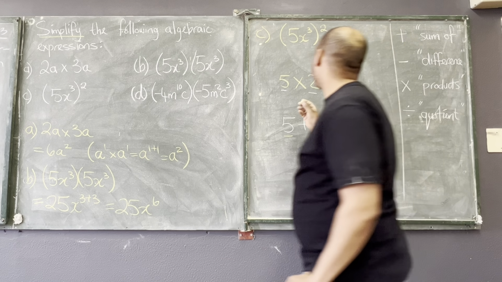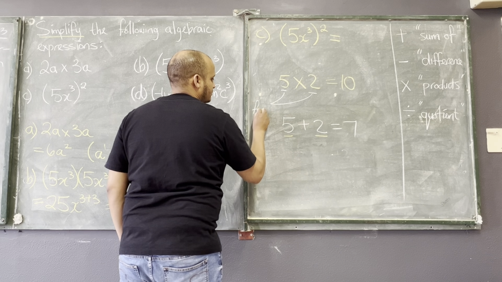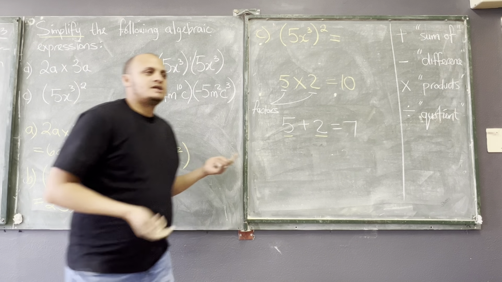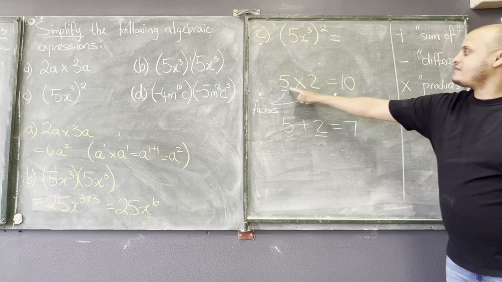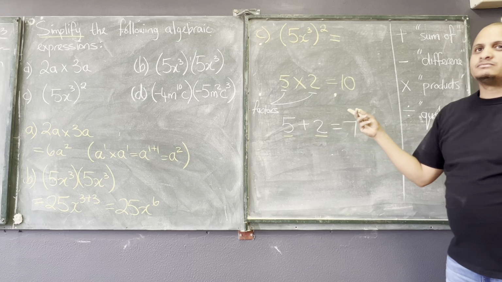Factors. They are called factors. Remember, these factors multiply to give you 10. 5 and 2 are factors of 10, and 10 is a multiple of 5 and 2.